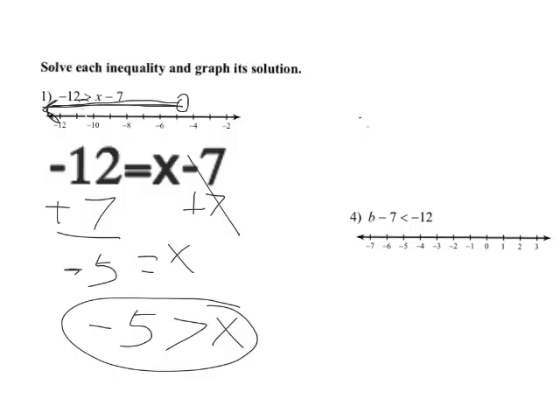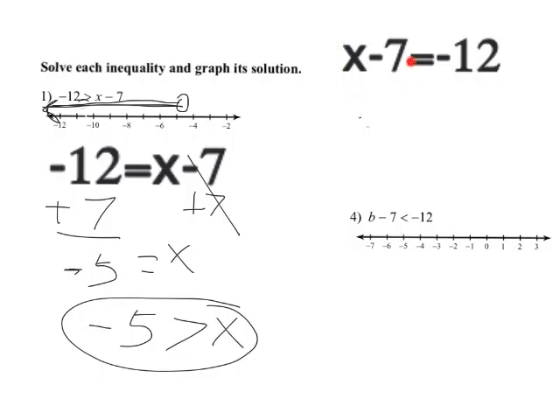Alright, next problem. On this next problem right here, it's going to be x minus 7 is less than negative 12. So go ahead and set up your problem as a one-step equation, and it should look like this right here: x minus 7 equals negative 12.